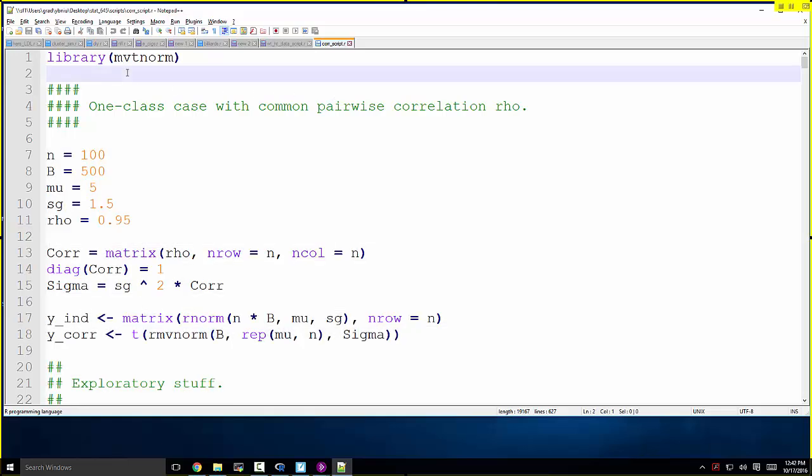What I was going to do today was continue our discussion of correlated data and specifically talk more through the core script.r file that I put up and introduced last week. The idea of this script, it's a long one.